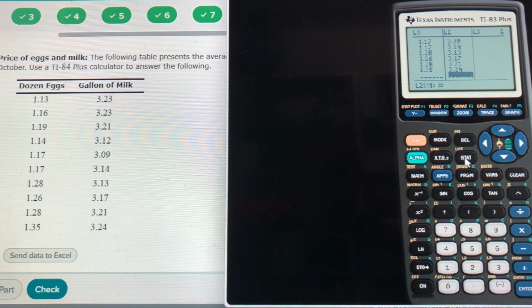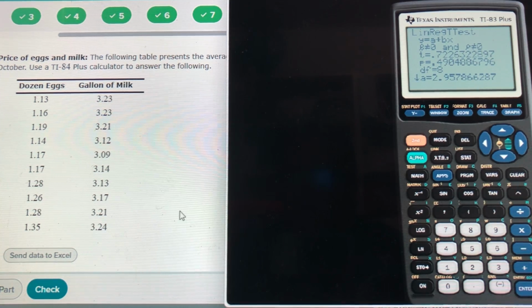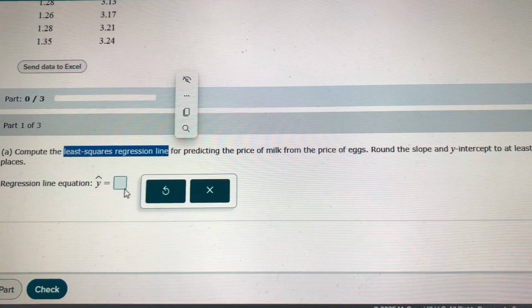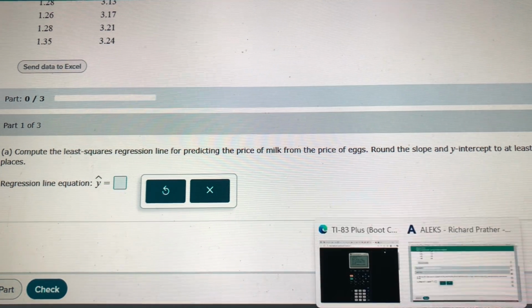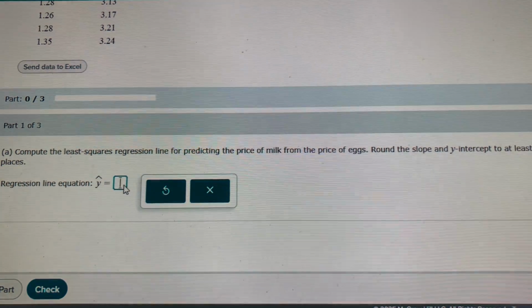Okay, so let's run it again. Stat, test, LinReg T-Test. Straight down and calculate. They want the regression line, sometimes called the least squares regression line. But it's just literally a plus bx, what your calculator is spitting out. Here's the a, 2.9579.